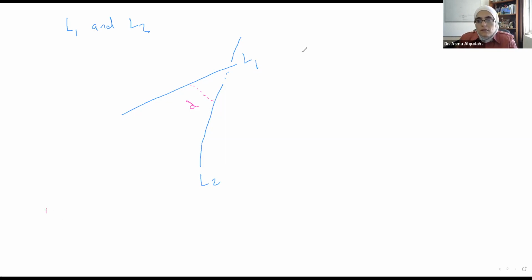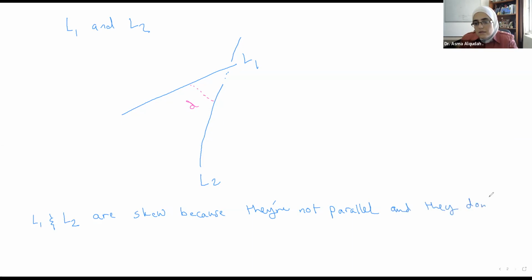So L1 and L2 are skew because they're not parallel to each other and they don't intersect.